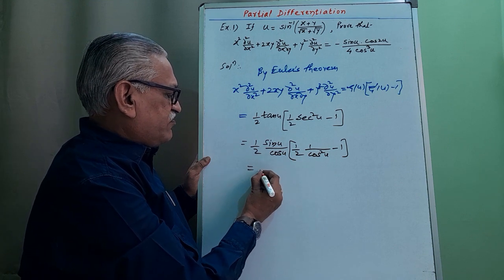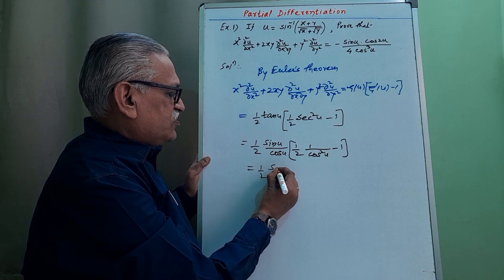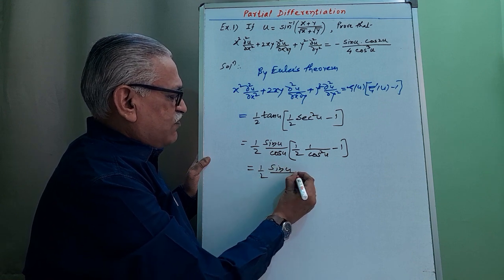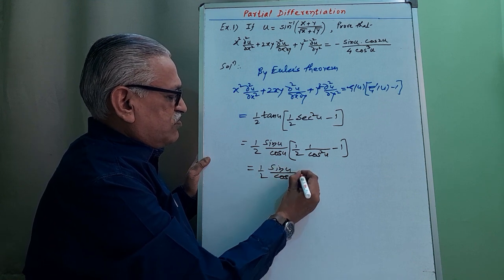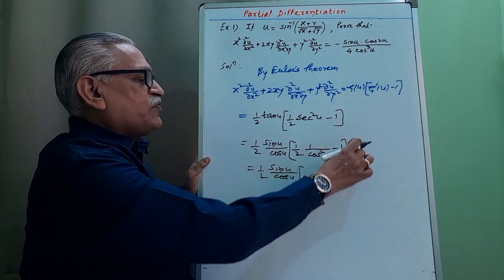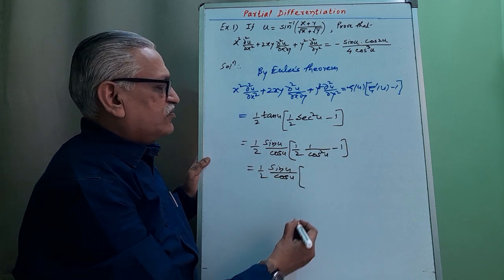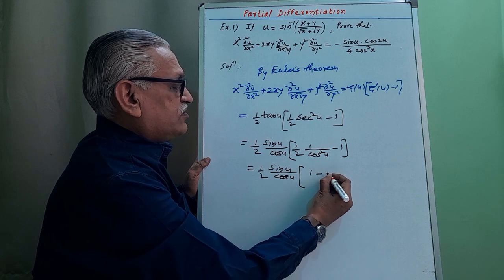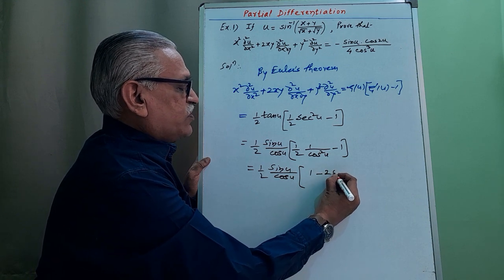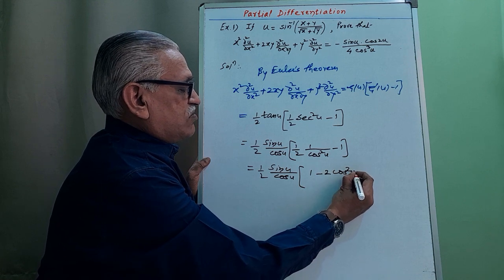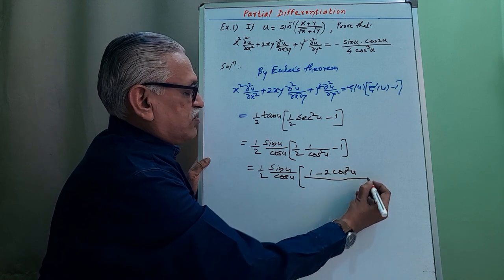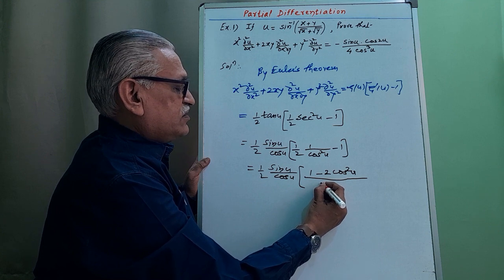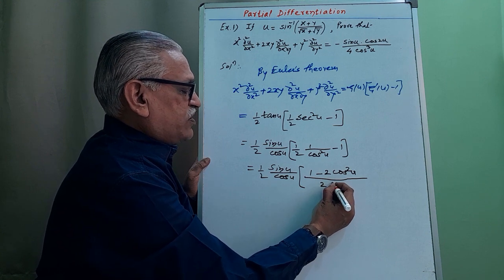This one, 1 by 2 sin u upon cos u, cross multiplying it, we get (1 minus 2 cos square u) divided by 2 cos square u.